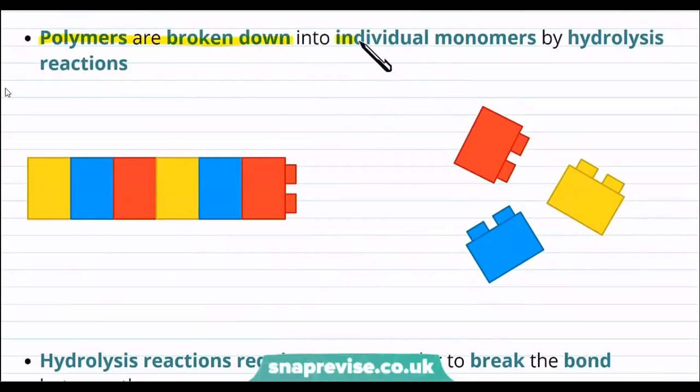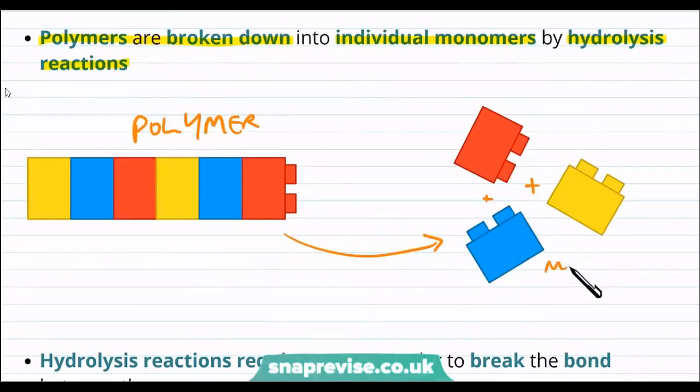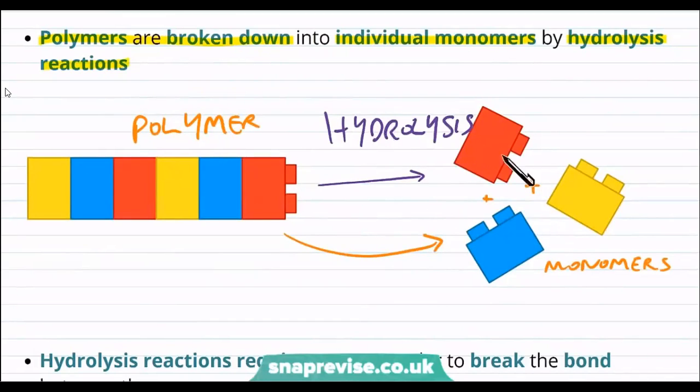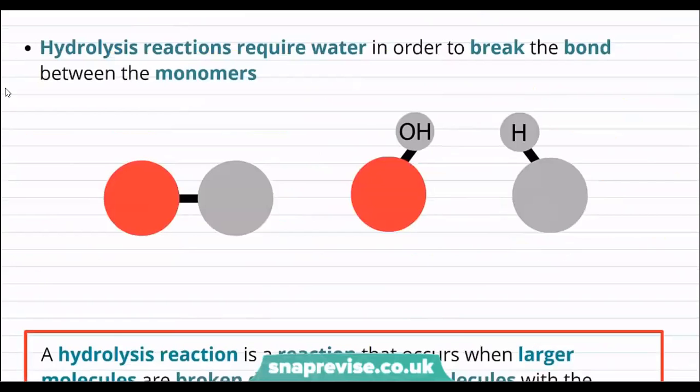Polymers are broken down into individual monomers by hydrolysis reactions. So this is going backwards now. This is the reverse of condensation. So here we have a polymer breaking down into individual monomers, and this is known as hydrolysis. Hydrolysis breaking it down, condensation would be forming it.